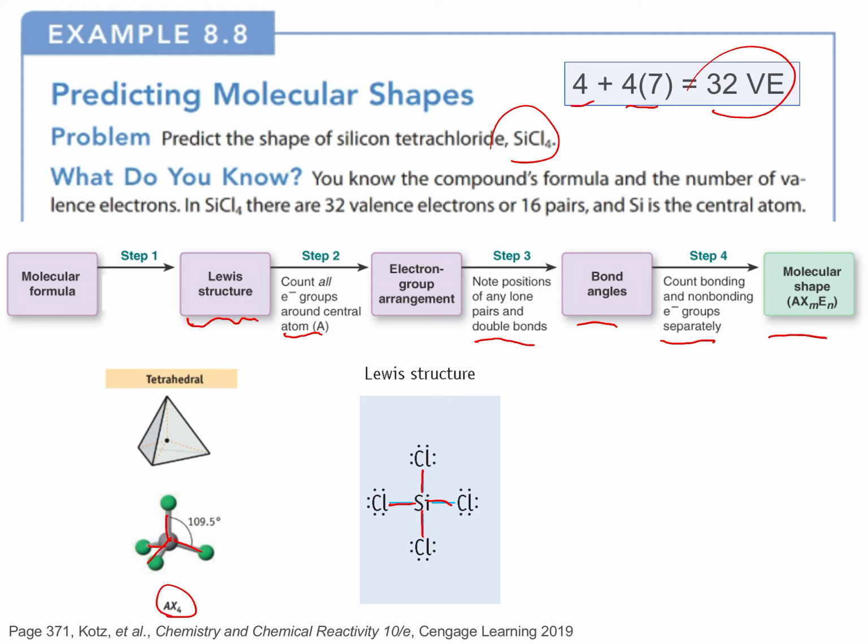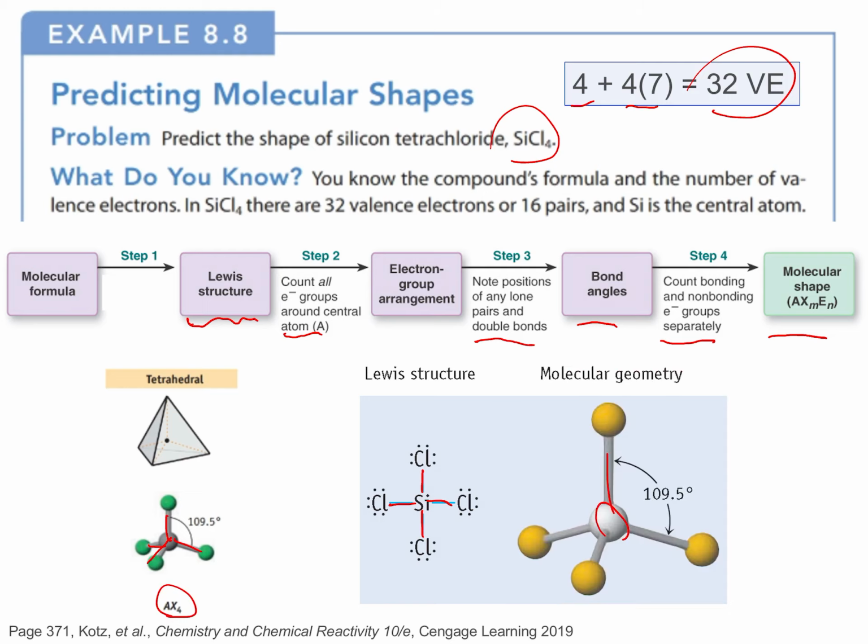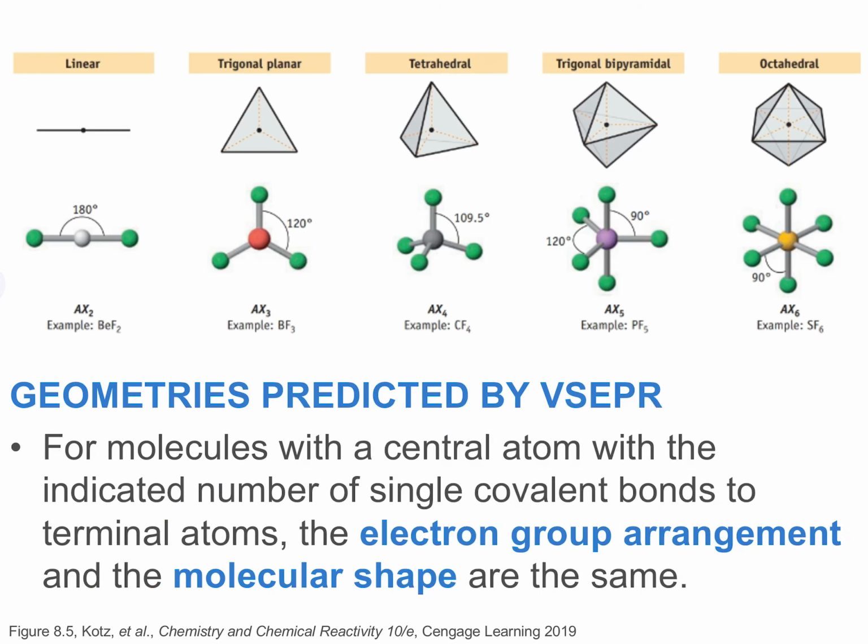So if we build a model of silicon tetrachloride, it's going to look like this. You'll have the silicon in the center, and you'll have 1, 2, 3, 4 single bonds to chlorine, and all of those bonds will have a bond angle of 109.5 degrees.